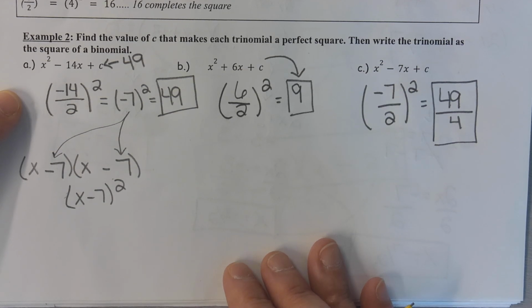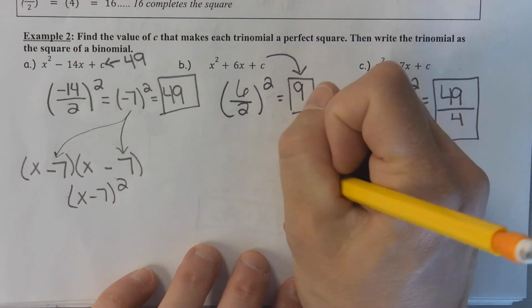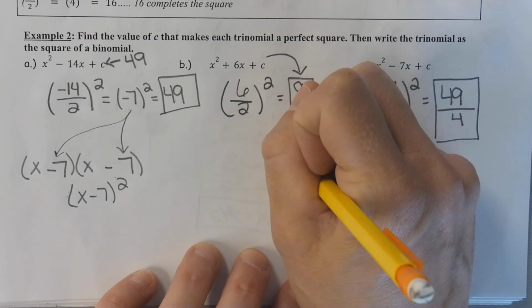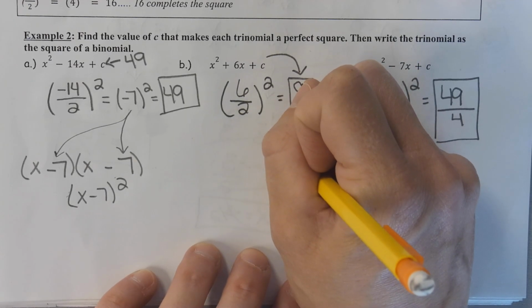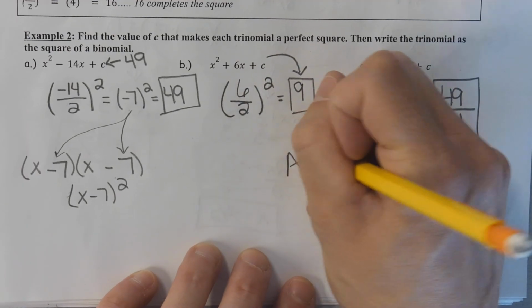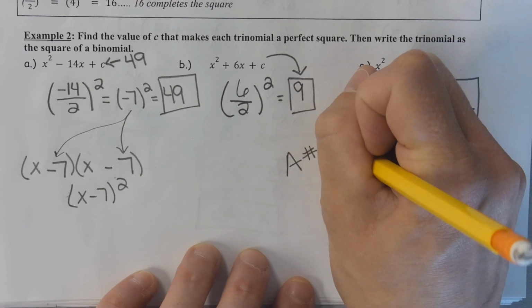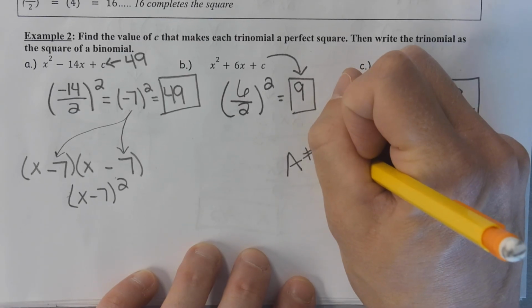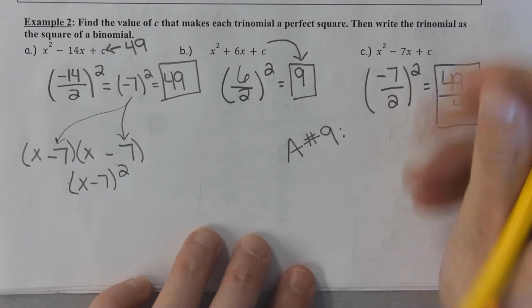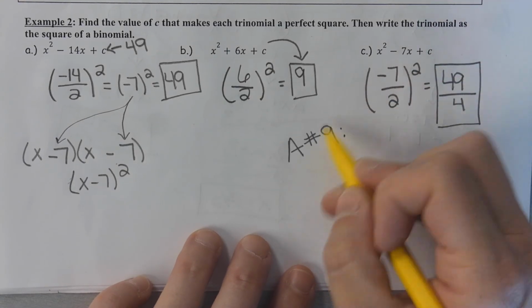Yes? Okay. So we are on assignment number, was yesterday 7? Today's 8? 9? We think it's 9. I'll double check in a minute. No, 9 for the assignment number.